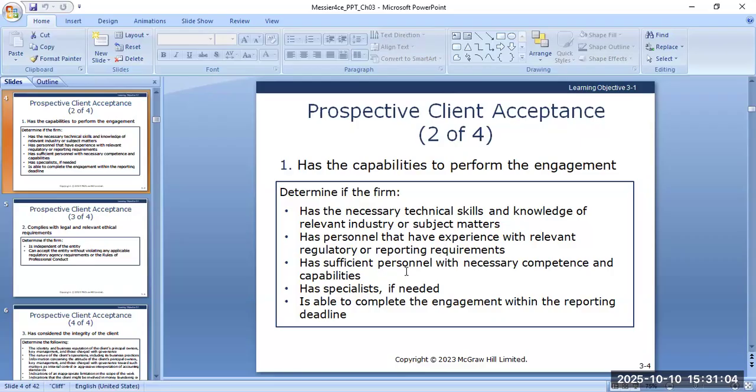Do we have sufficient personnel with the necessary competence and capabilities? Do we have access to a specialist if we need one? Again, we may have a company that requires something very specific. Do we have a specialist available, or do we know that we can bring one to the audit?